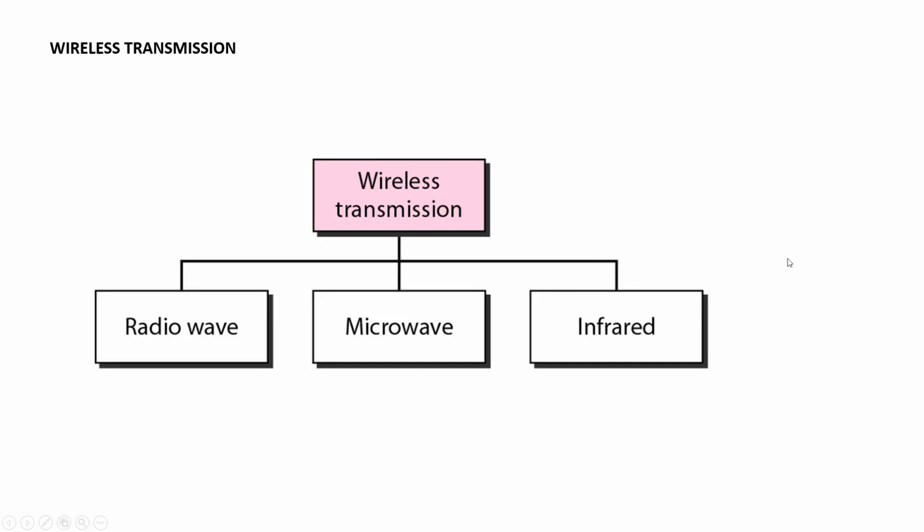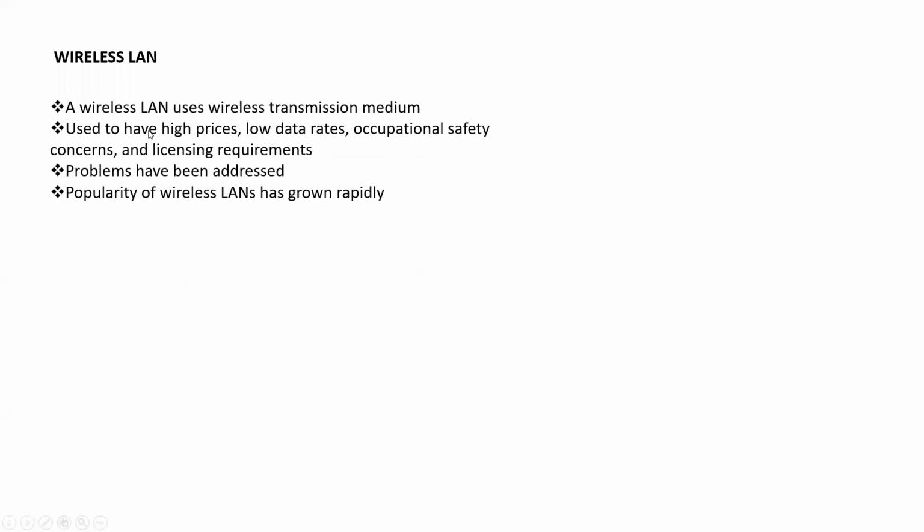Next is the wireless LAN. LAN is local area network. So what will be the feature? A wireless LAN uses a wireless transmission medium; anything we can choose for this. It used to have high prices, low data rates, occupational safety concerns, and licensing requirements.